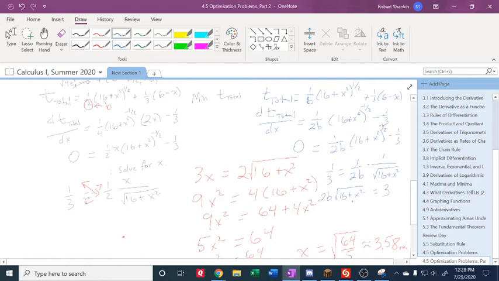Equals 3, and then we square both sides.